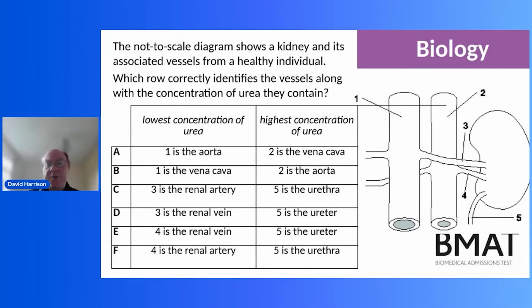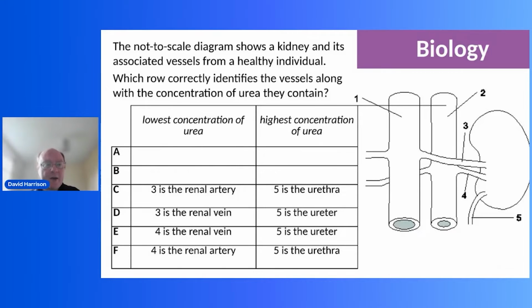So it's not going to be found there. The highest concentration is actually going to be around the kidney itself. Those vessels are taking the blood to and from the kidney, whereas the other options, C, D, E, and F, indicate that element 5 is the correct answer for highest concentration of urea. So we can eliminate options A and B.